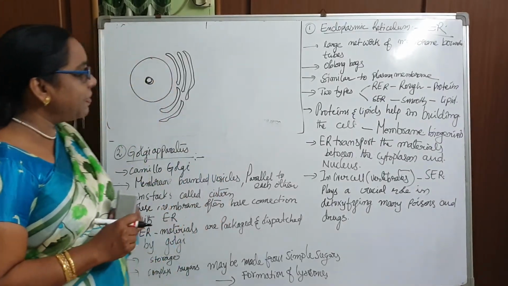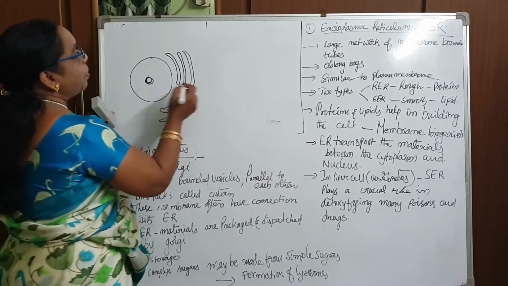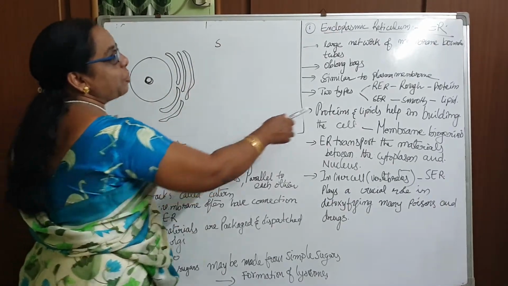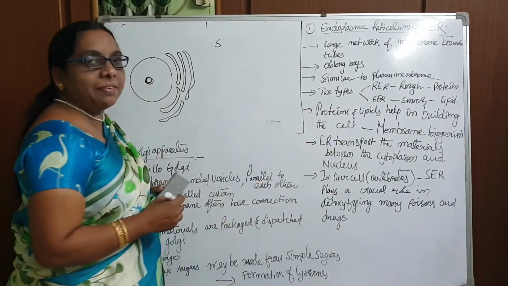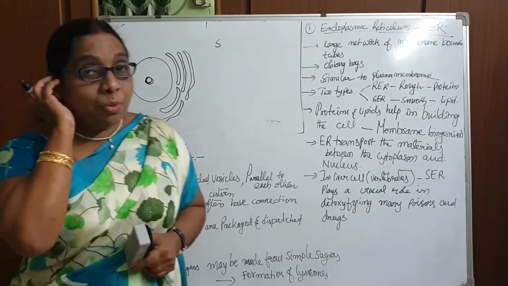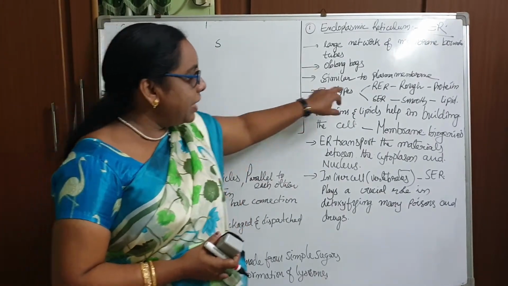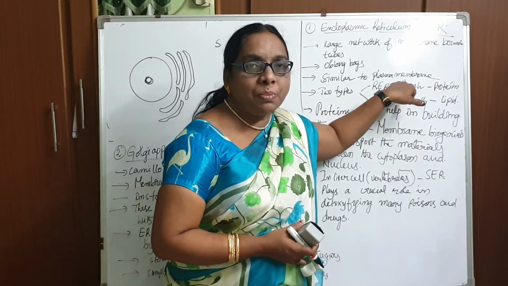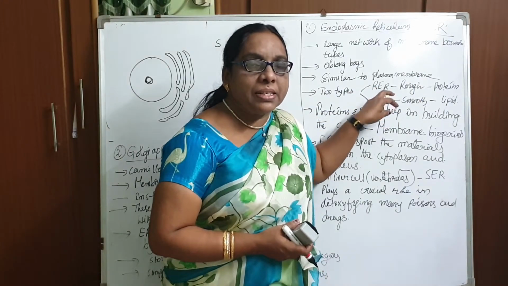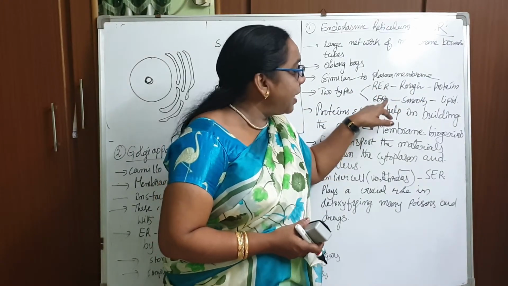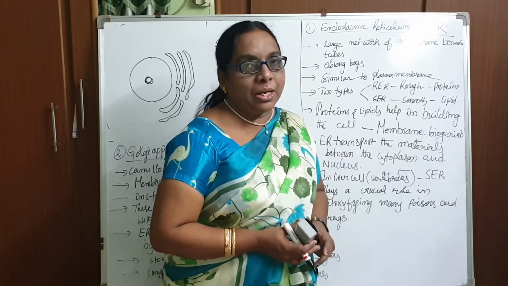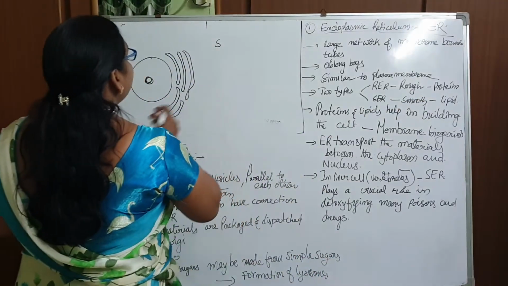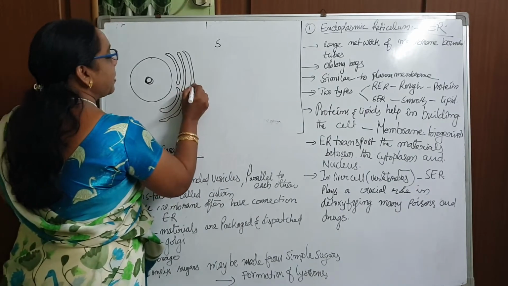There are two types of ER. One is RER and the second is SER. RER is the rough endoplasmic reticulum. SER is the smooth endoplasmic reticulum. Why is it called rough endoplasmic reticulum?